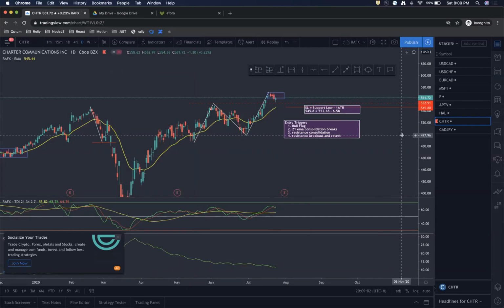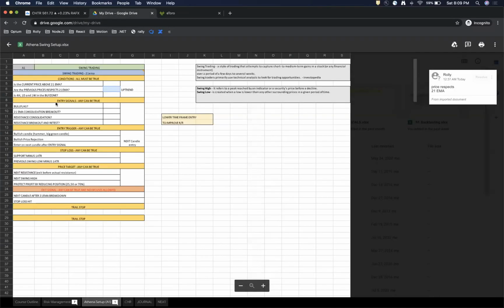Okay, and that actually helps on the formation of your trend or on your swing. So in this case, this is a valid yes because the previous price respects the 21 exponential moving average. So that's it for the second condition.